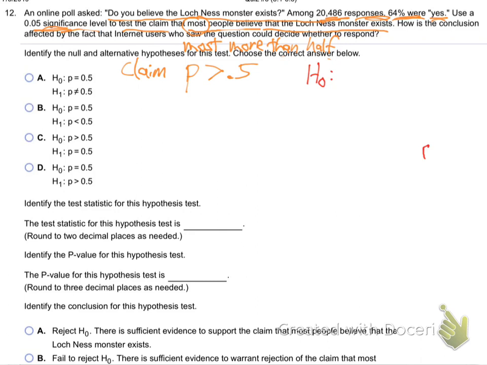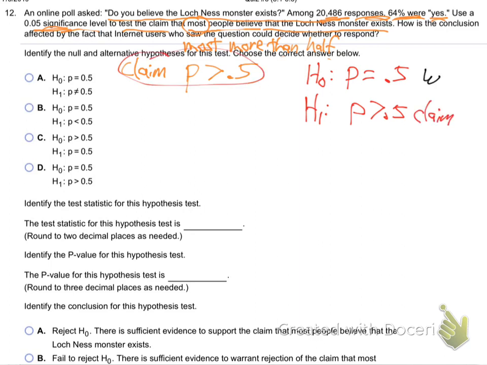Okay, we have the null and the alternative. What's the null? The null is always equals. So what's the alternative? Greater than 0.5. It is the claim. You know how evidence goes. It's always weak evidence here, strong evidence there.